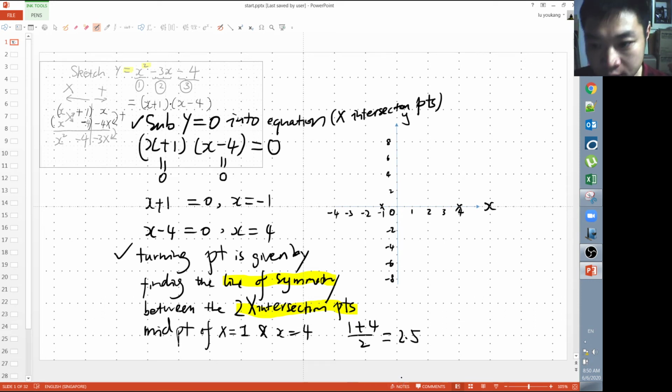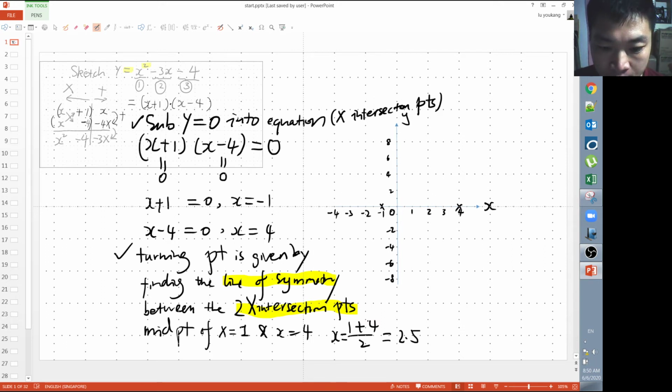So that means the midpoint of x equal to 1 and x equal to 4 is at x equal to 2.5. How do you do it? Add these 2 points together and divide by 2.